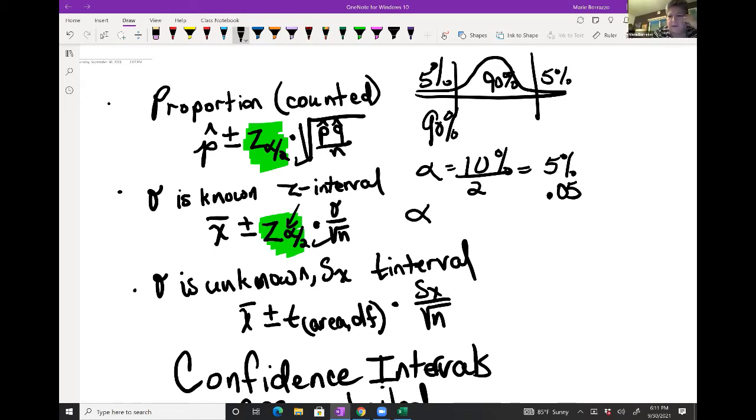Alpha divided by 2. So yes, it's alpha divided by 2. So Z alpha divided by 2.